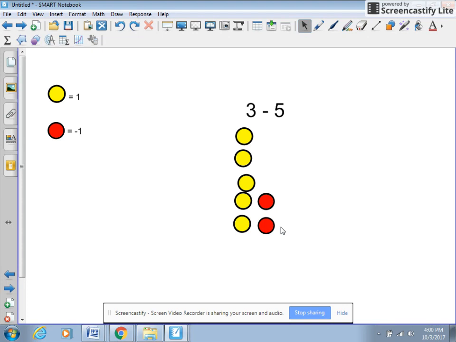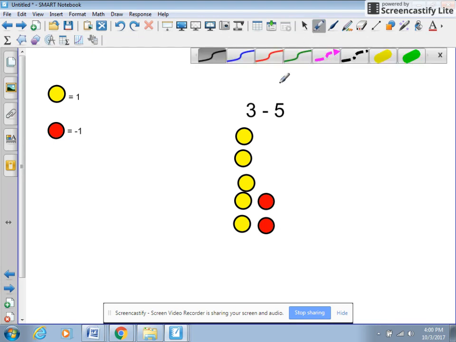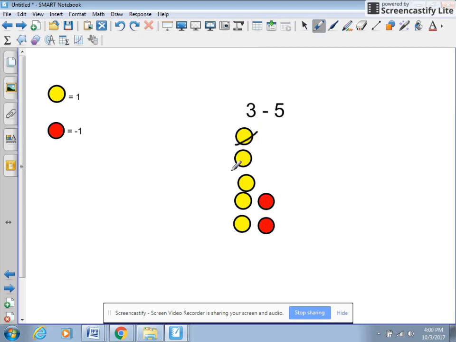So I haven't changed the value, it still equals 3, but now I can remove 1, 2, 3, 4, 5 positive counters, and I'm left with 2 red counters, or -2. So 3 minus 5 equals -2.